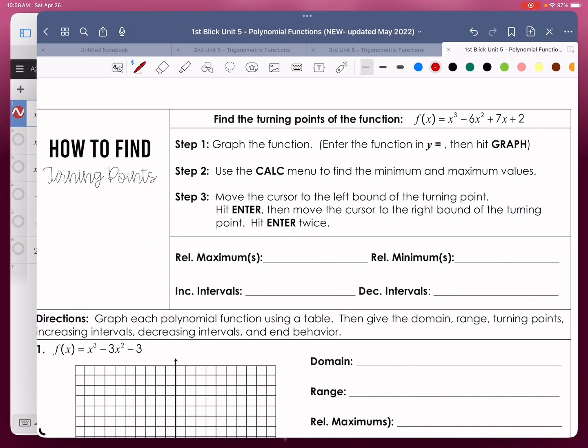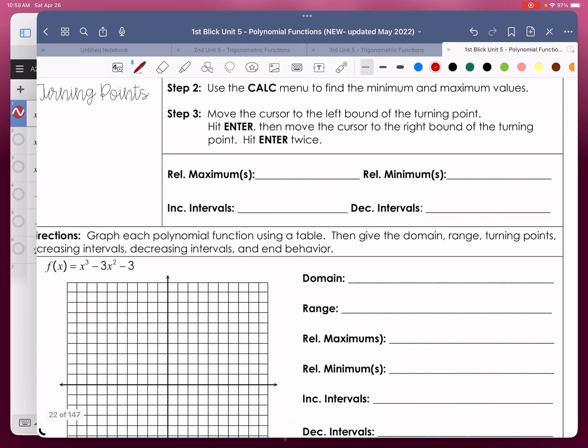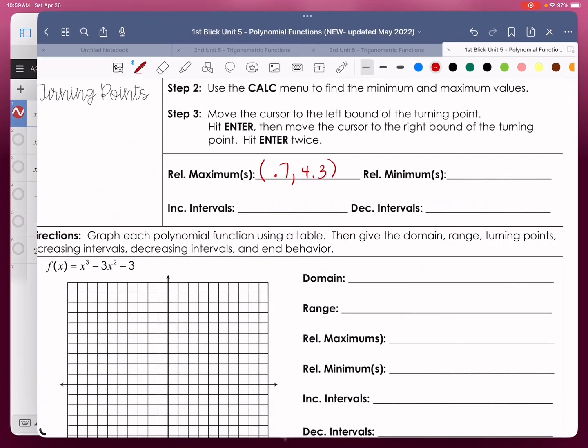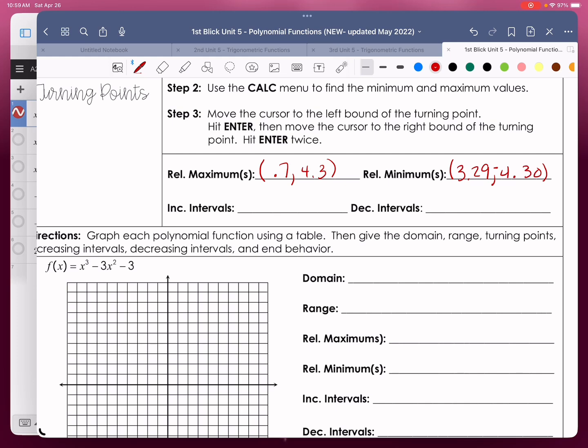Okay, so let's come back over here, and our relative maximum was at 0.7 and 4.3. If you go back to the graph, that's this point right there. All right, our relative minimum was at 3.29 and -4.30.